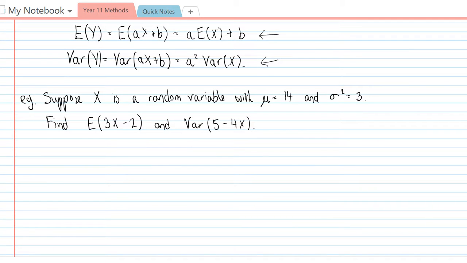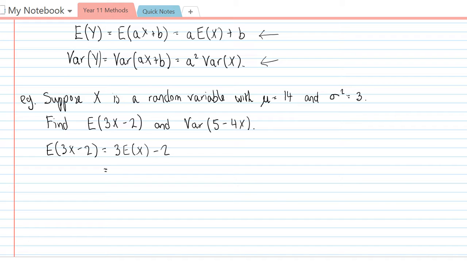So we're just going to jump into some examples here and use them to help us. So we know that x is a random variable with an expected value of 14 and variance of 3. So to find the expected value of 3x minus 2, that is some other function of x, so we could call it the expected value of y, then E of 3x minus 2, just following the rule above, is going to be 3 times the expected value of x and then minus 2.